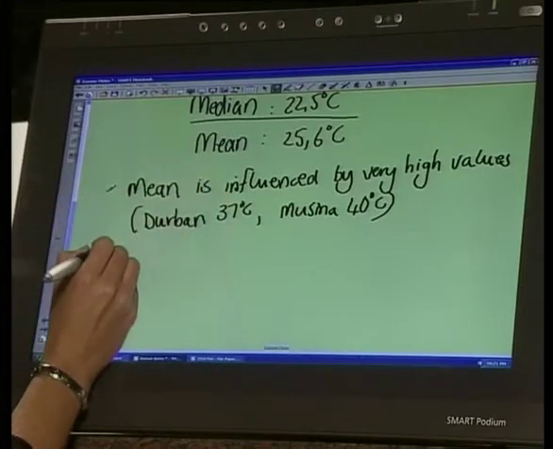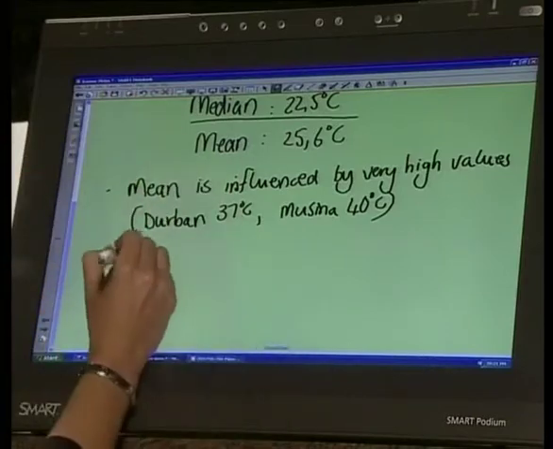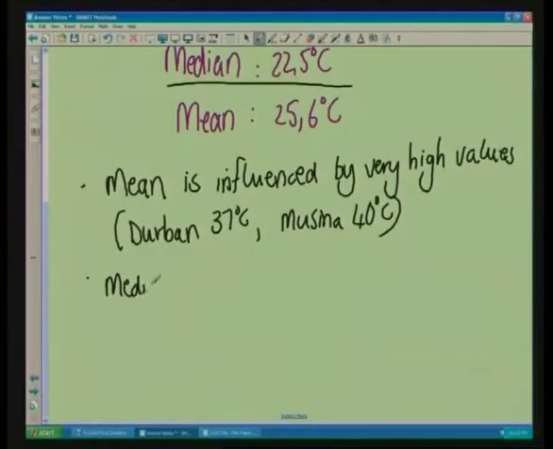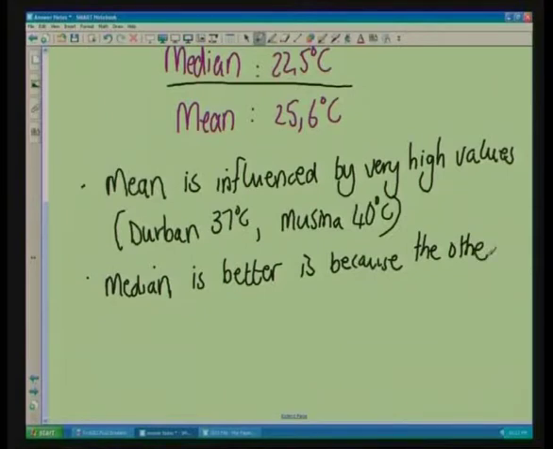And then just having a look at the reason why we would choose the median. The median would be better, and our reason for this is because the other values in the data set are close to this.